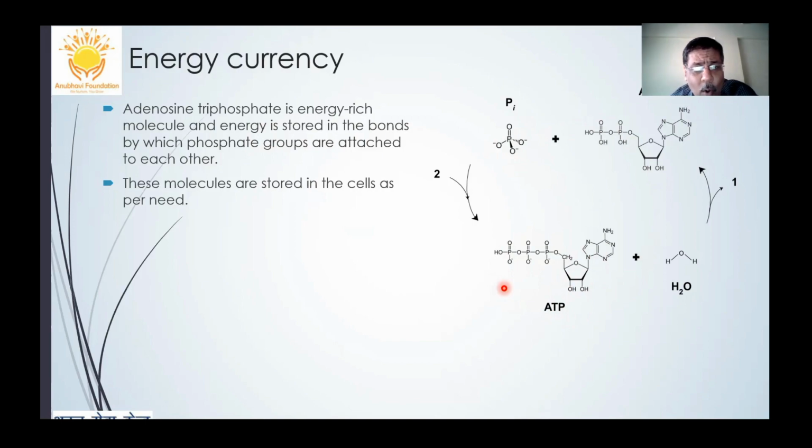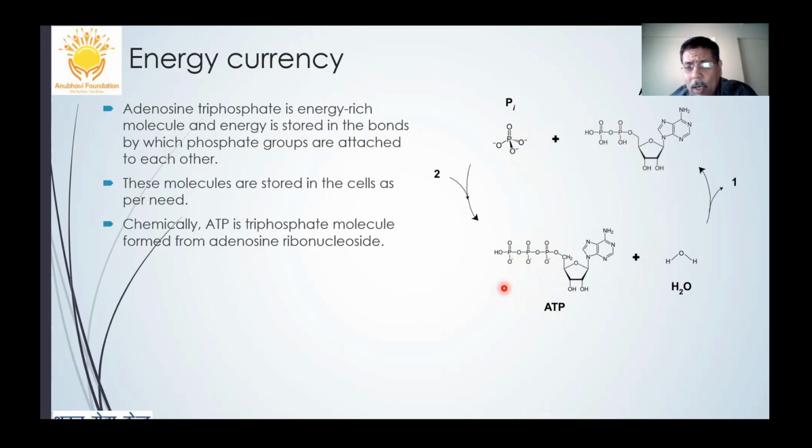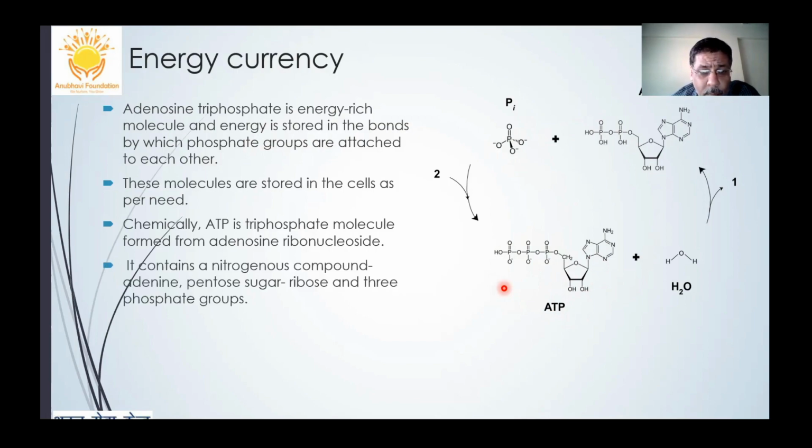These molecules are stored in the cells as per need, and whenever required, we can use that ATP for our day-to-day activities. This is very, very important. An adenosine triphosphate molecule contains a nitrogenous compound adenine, a pentose sugar ribose, and three phosphate groups.